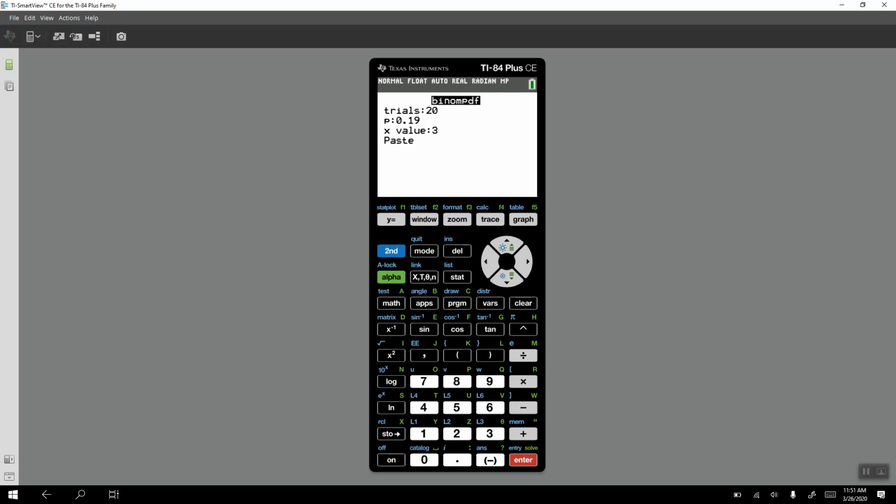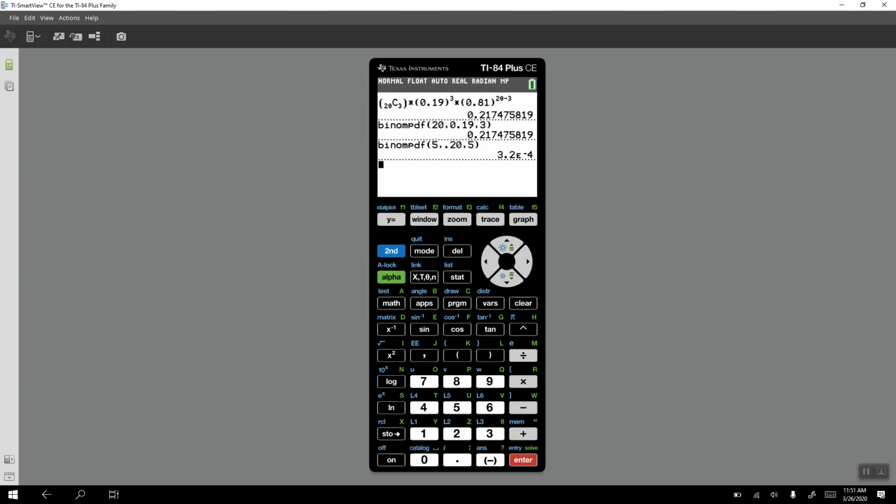There was only 5 trials. Probability of success was 0.20. X value, we want to select all 5. It's exactly as we wrote it out. Now press enter. Notice the calculator gives me the exact same answer.